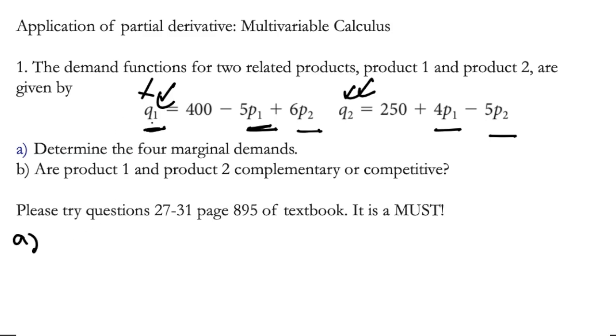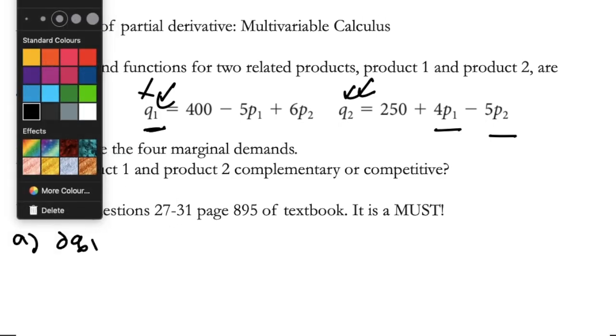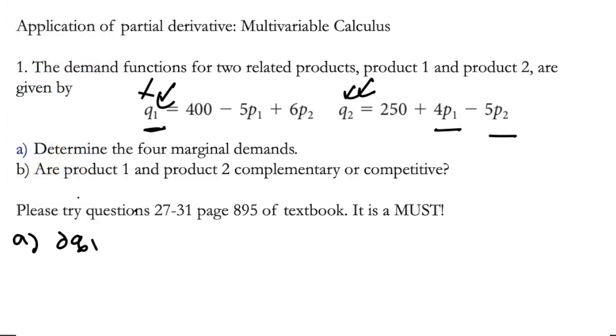Let's use function Q1. So, delta Q1, you must use delta, not D, because now you have two independent variables, so you can't use D. D means total derivative, which you don't learn now. Okay, let me erase this first. Okay, so delta Q1 over delta P1, what do you get?